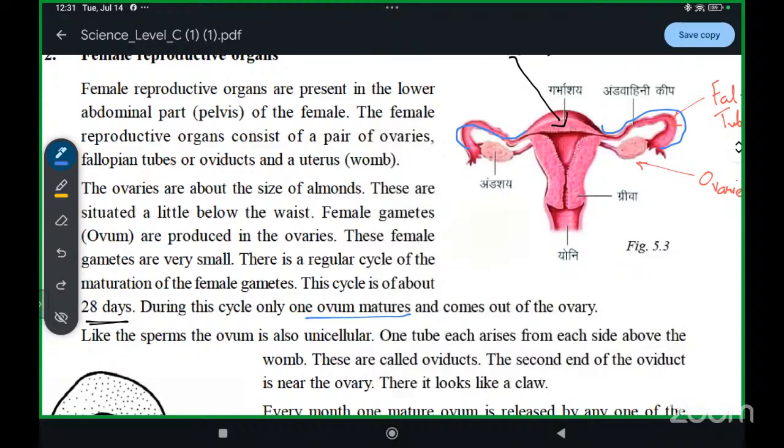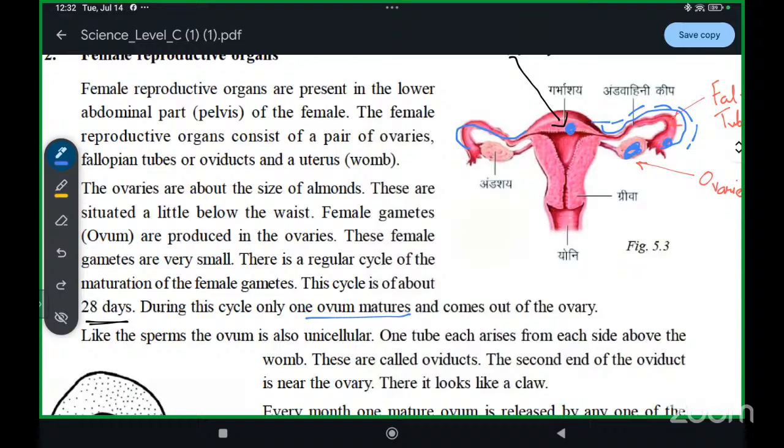What is their function? When these ovaries release an egg, it travels through this part of the tube and sits here at the uterus.